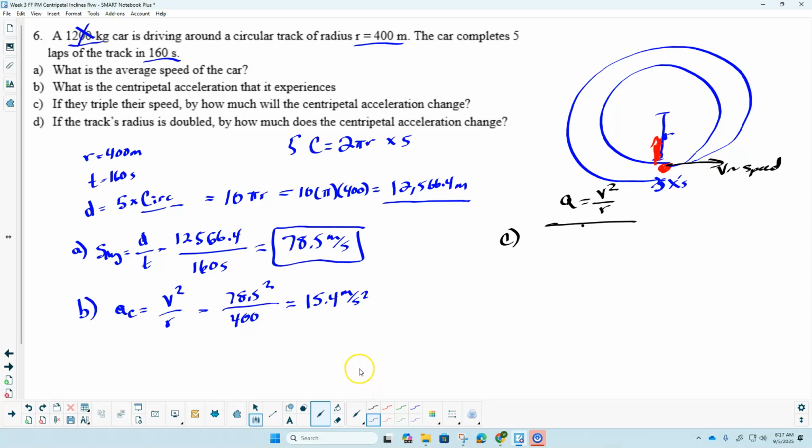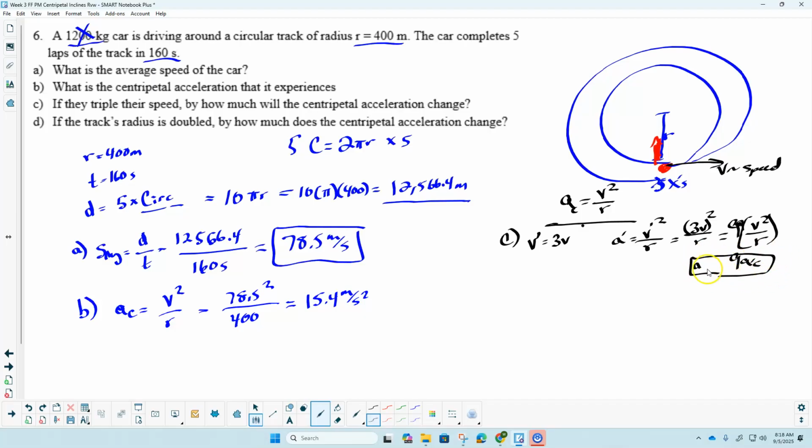So in part C, it says if we triple the speed. We're going to do our new velocity, and I'm going to put a little apostrophe next to V to make it the new one. That's 3 times the original V. If we plug that in, our new acceleration would be V prime squared over R, and because our radius is staying the same, that would just be 3V in parentheses squared over R. If we distribute the squared, it'd be 9V squared over R. We said V squared over R, that's just A. So it's 9 times our centripetal acceleration that we originally had.